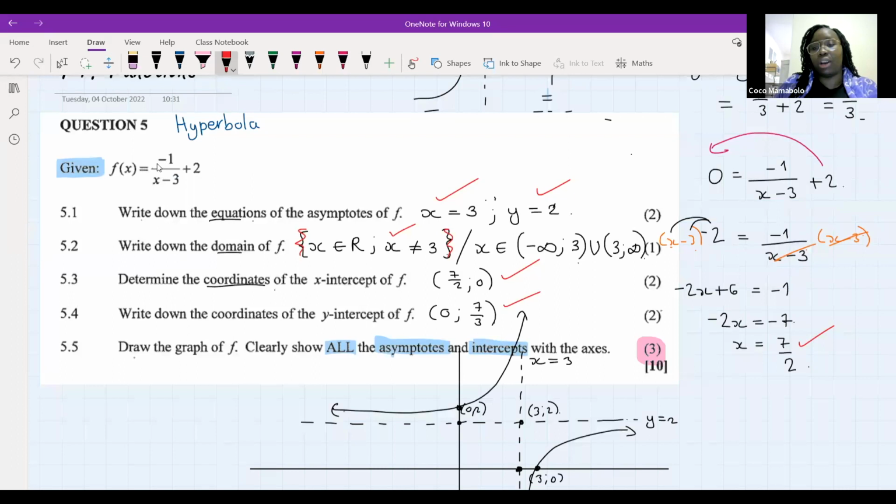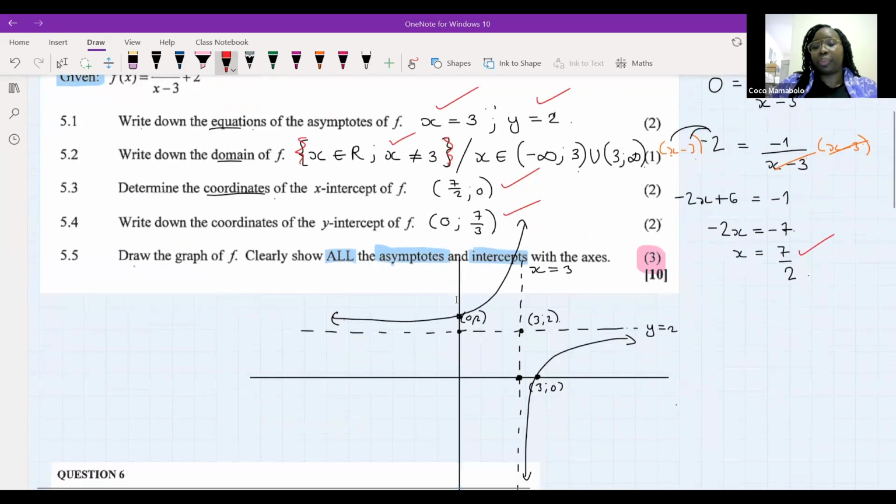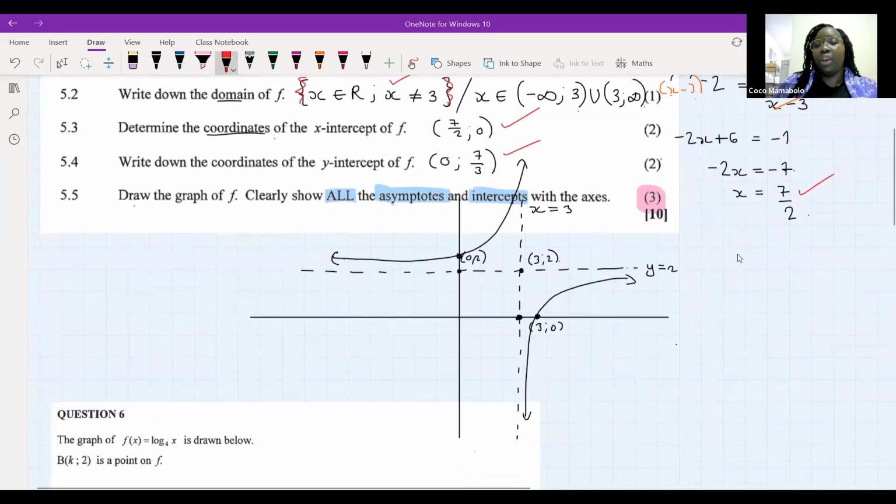That's an accuracy mark. In your drawing over here, you're going to get 1 mark for each of your asymptotes, or both of your asymptotes together will give you 1 mark for drawing your graphs in the correct place, and also for naming your intercepts and for indicating where your x and y intercept are, that was also 1 mark.